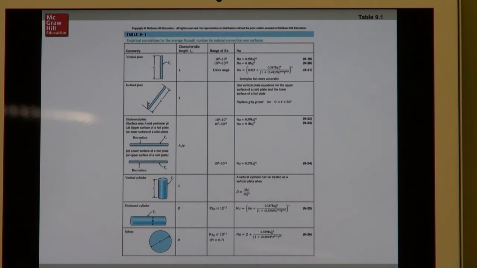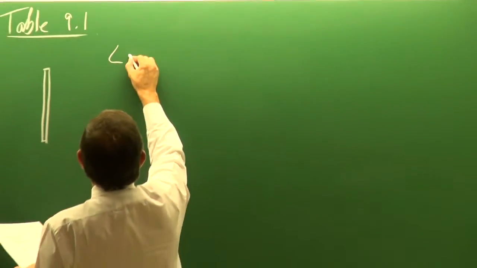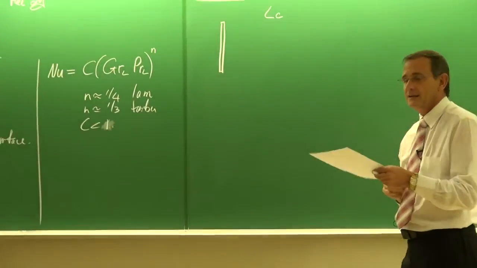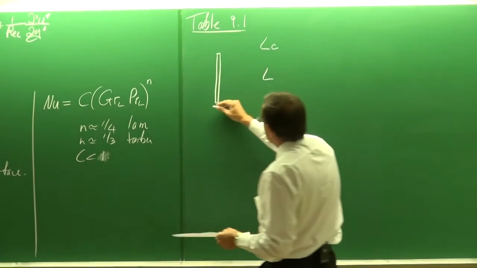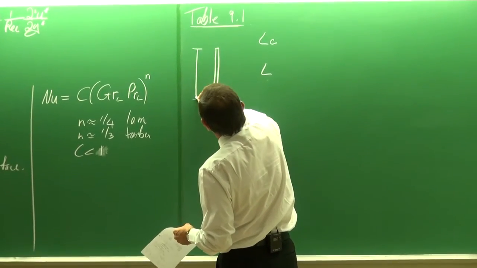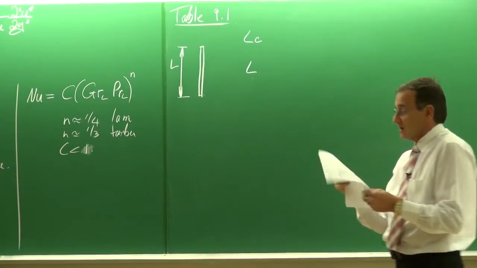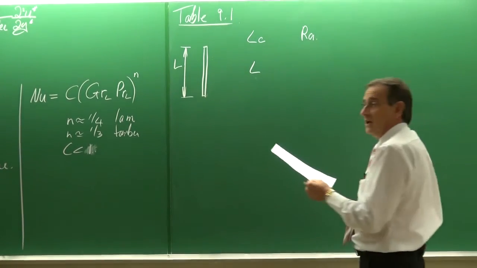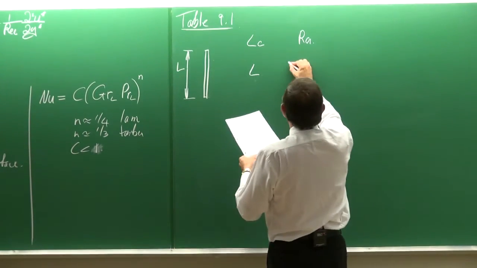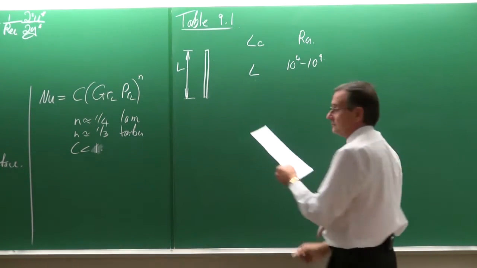So for example, the case of the vertical plate. In the table, it tells you how you should get the characteristic length. And in this case, it is equal to L, where L is equal to that length there. Okay. Then it gives you the Rayleigh number range. The first range is, for example, 10 to the 4 to 10 to the 9th.